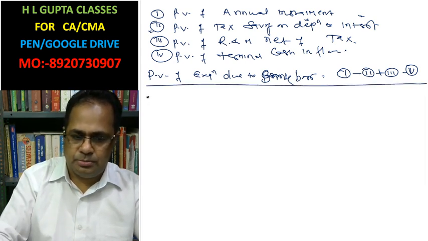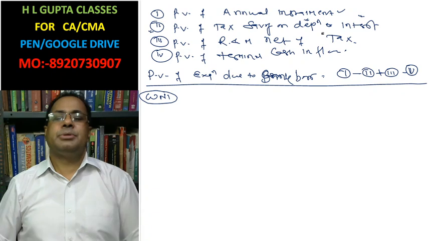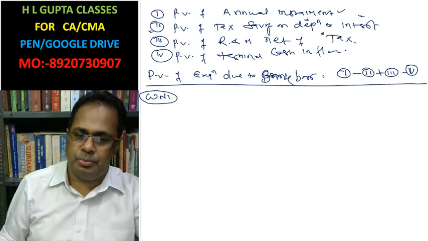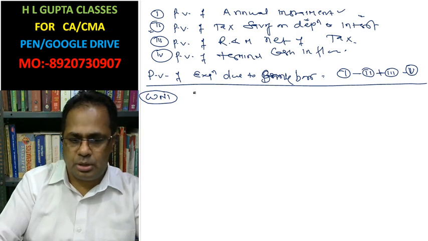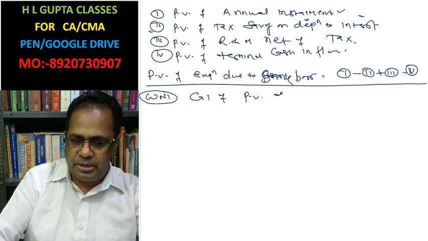Working note first. Present value of installment: in this question it is already given, that's why we need not calculate the installment.